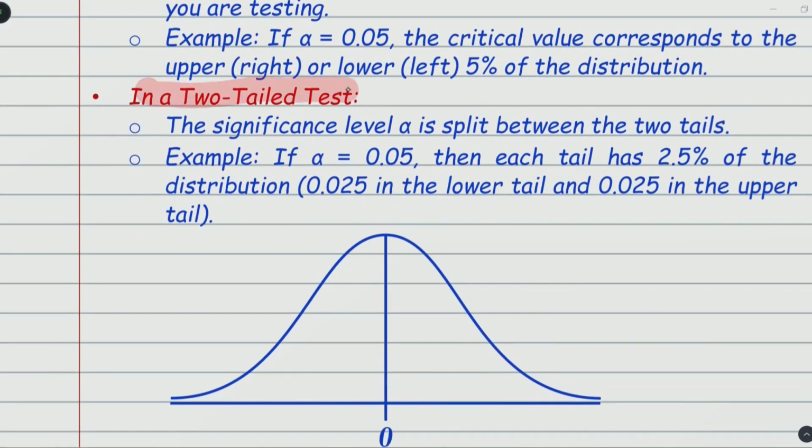In a two-tail test, the significance level alpha is split between the two tails. For example, if alpha equals 0.05, then each tail has 2.5% of the distribution, that is 0.025 in the lower tail and the same in the upper tail.